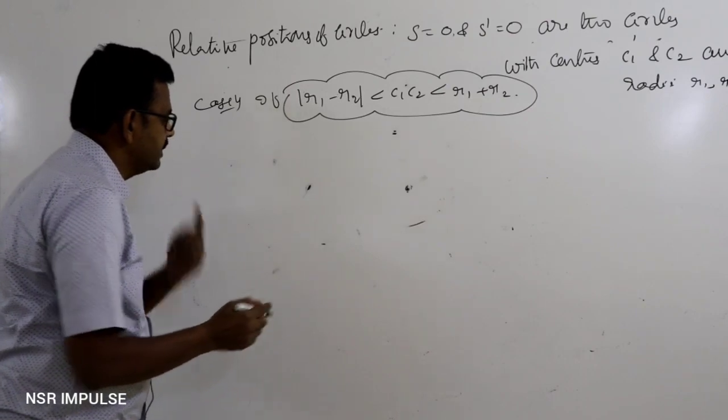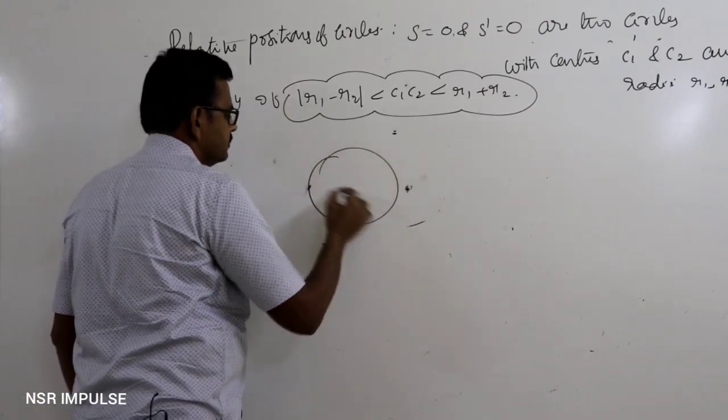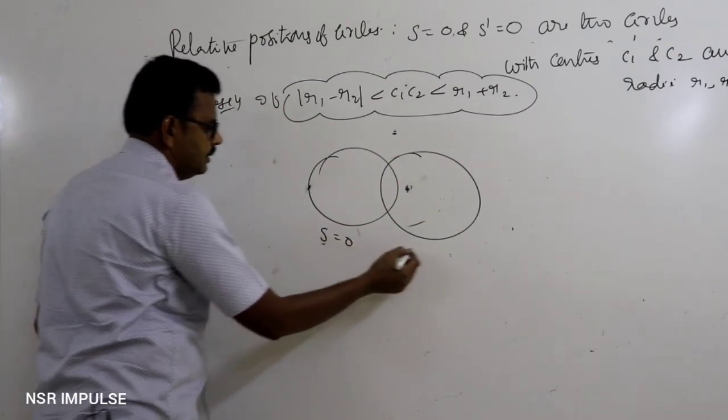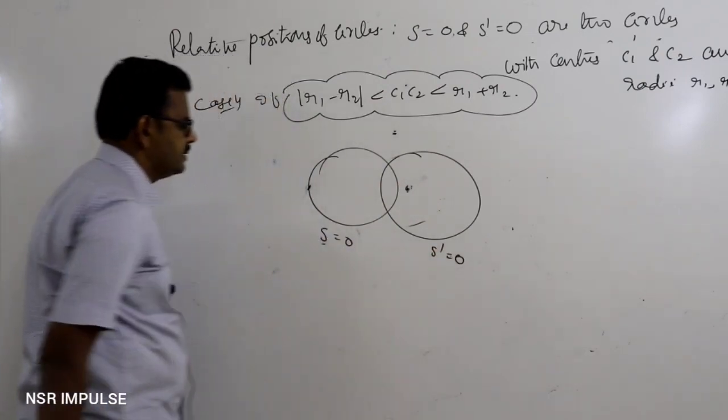Circle S equal to 0, and this is S dash equal to 0.